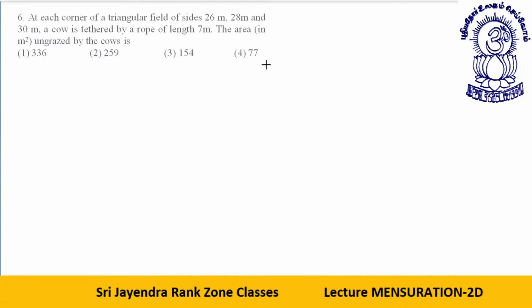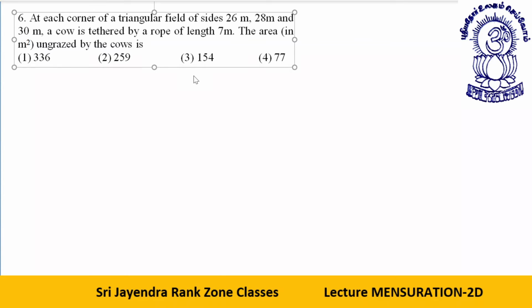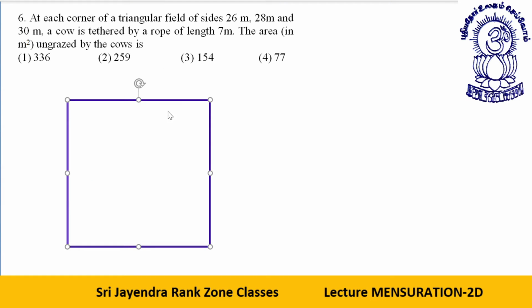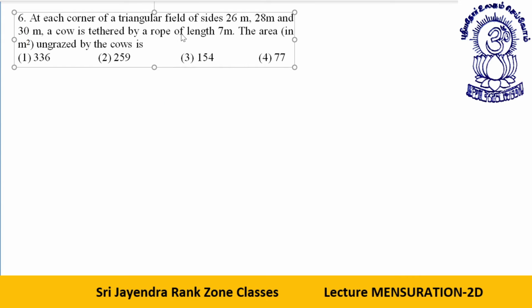At each corner of a triangular field of sides 26, 28, and 30, a cow is tethered by a rope of length 7 meters. The area ungrazed by the cow is, see dear students, what is the question? This is a triangular field, I'm sorry, of 26, 28, and 30.